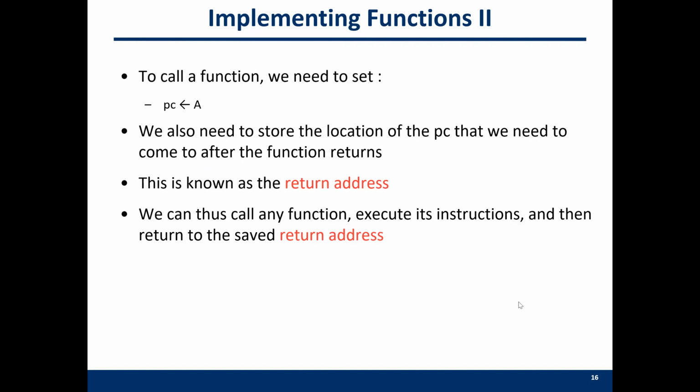So the whole process to call a function is: we assign the starting point address of a function to the PC. Before we do that, we need to back up the current value of PC. And then go to that function and run the code of that function. After the function is done, restore the backup address to the PC.